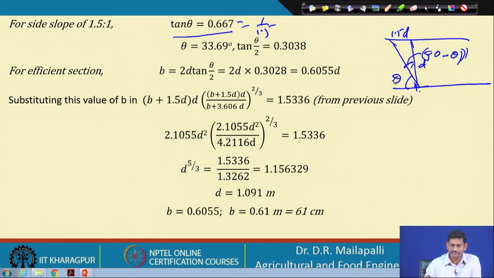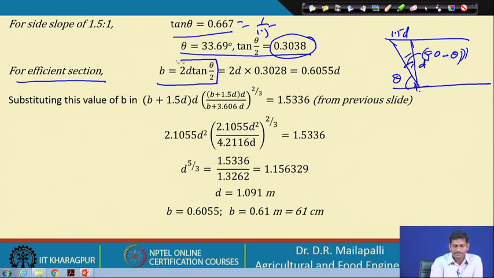You estimate the theta value. This is the slope, okay, and tan theta by 2 will be 0.3038. So, for the efficient section, B is equal to 2D tan theta by 2. Efficient means the most economical trapezoidal channel equations.